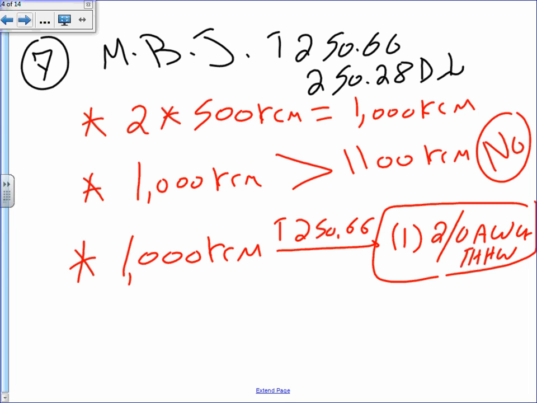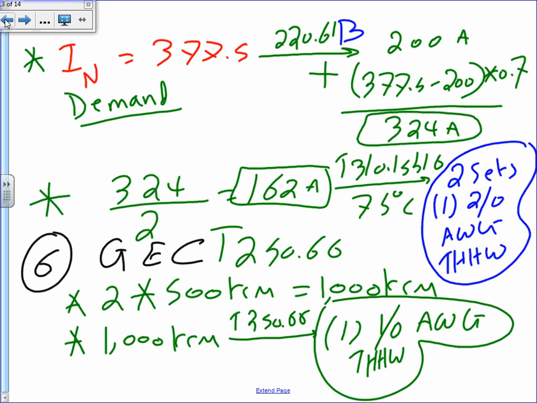So the grounding electrode, the same thing as the grounding electrode we just did. No, why did you get to 2/0 for 1,000? 500 is only 1/0, but 1,000 is 2/0. Okay, so that one was wrong then. All right, let's change that one.